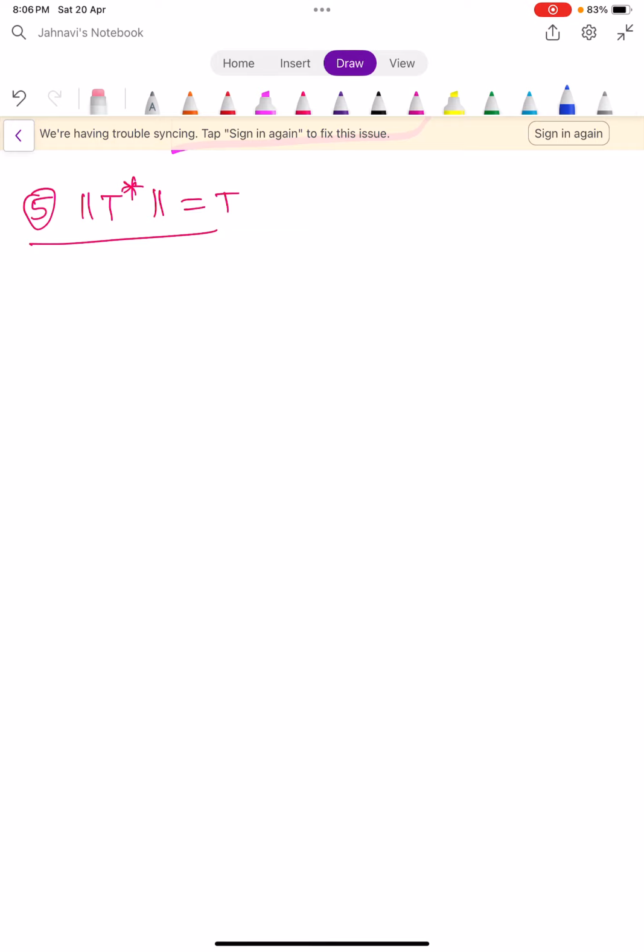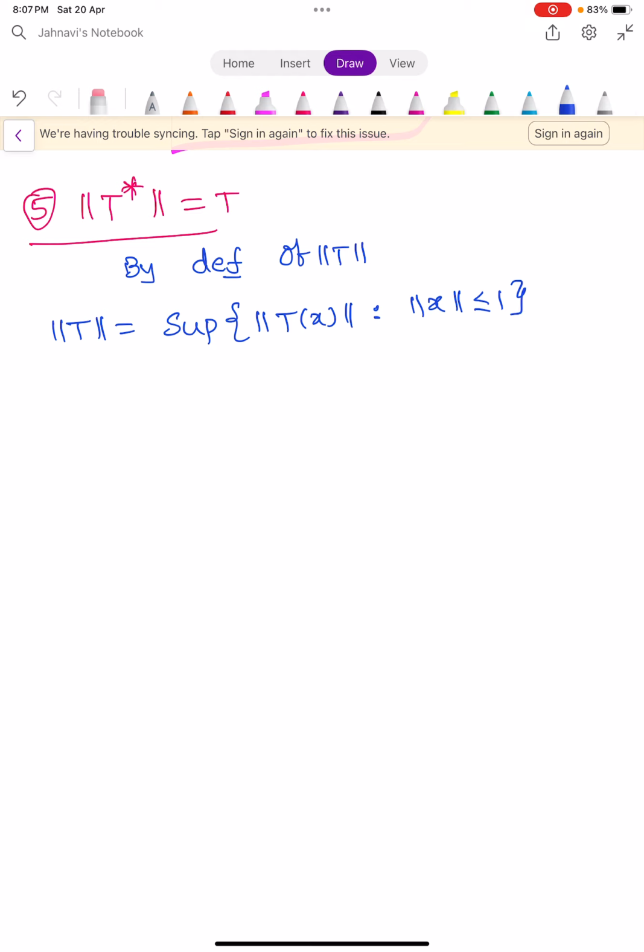We know that by definition of norm T, we have norm T is equal to the supremum of norm T of x such that norm x is less than or equal to 1.